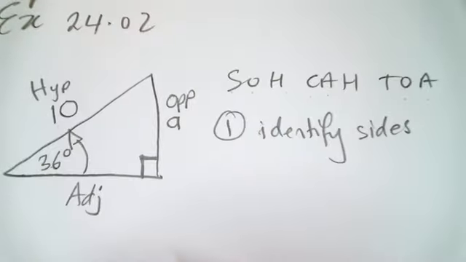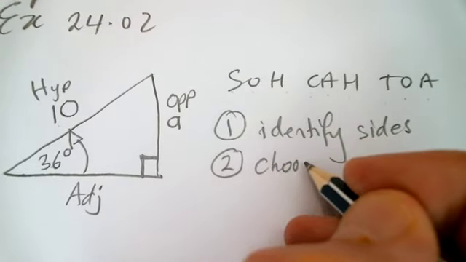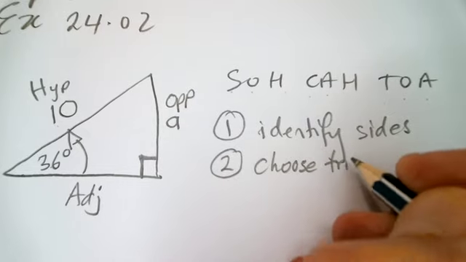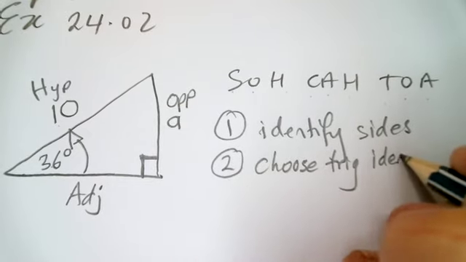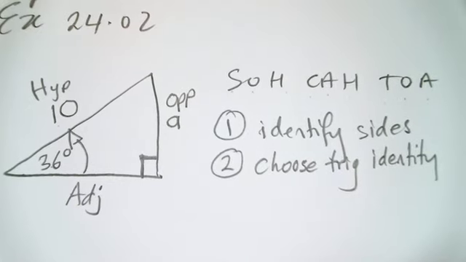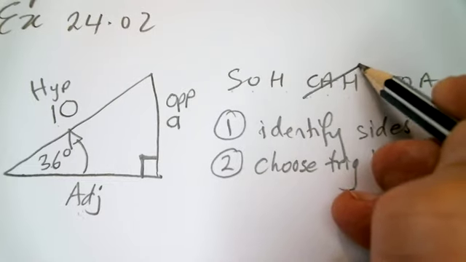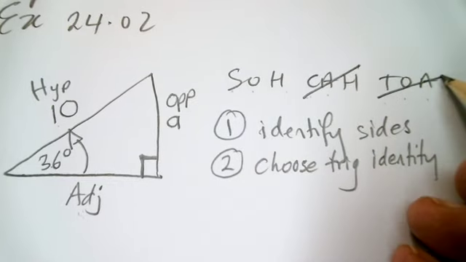So in choosing the trig identity, which is the next step, we just choose the one where we don't have the adjacent. So anything but something with an adjacent. So let's have a look here. What's got an adjacent up here? Well, this has got an adjacent, we don't need that one. This has got an adjacent, we don't need this one.